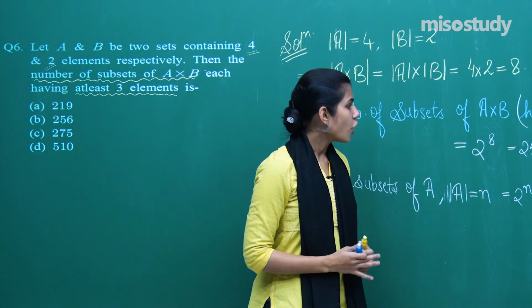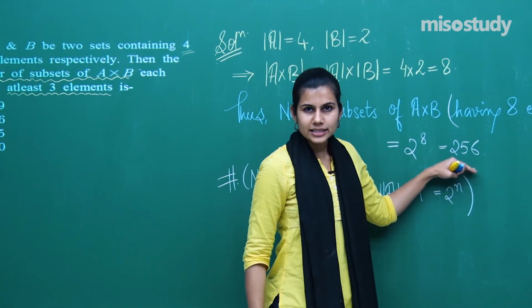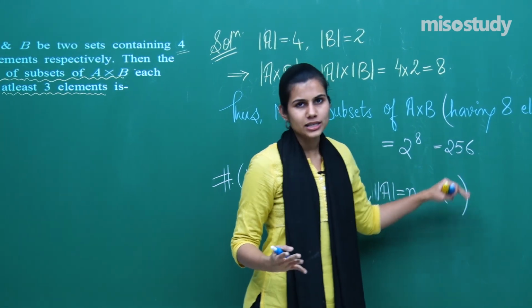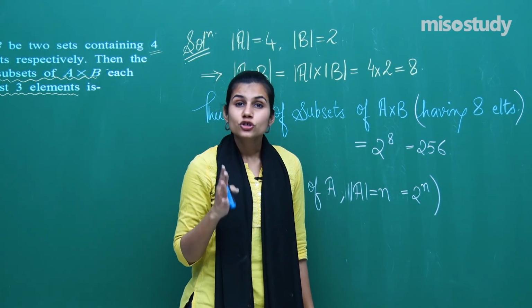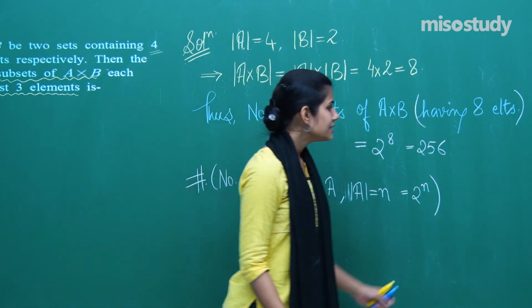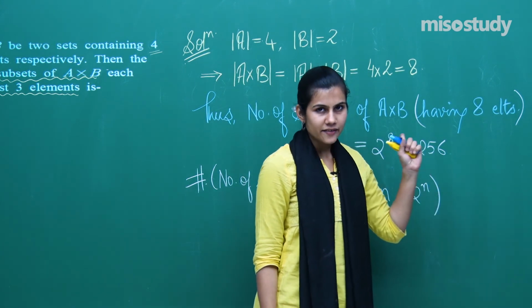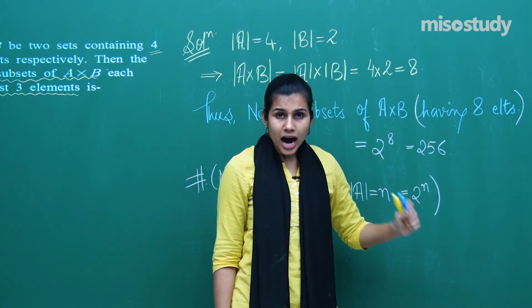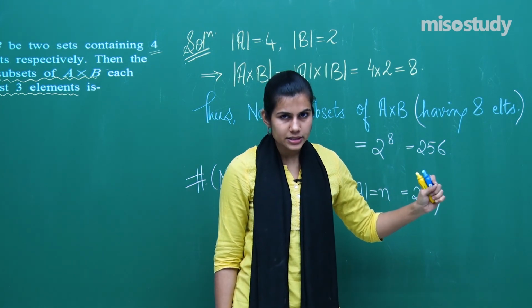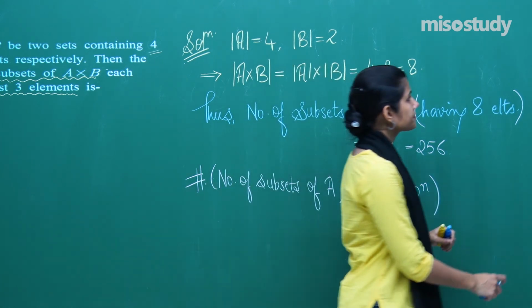That means from the collection of all the subsets, I want to remove those subsets having 0 elements, 1 element and 2 elements. That means how many are the subsets having 0 elements, how many are the subsets having 1 element, how many are the subsets having 2 elements. Let's try and find that out.